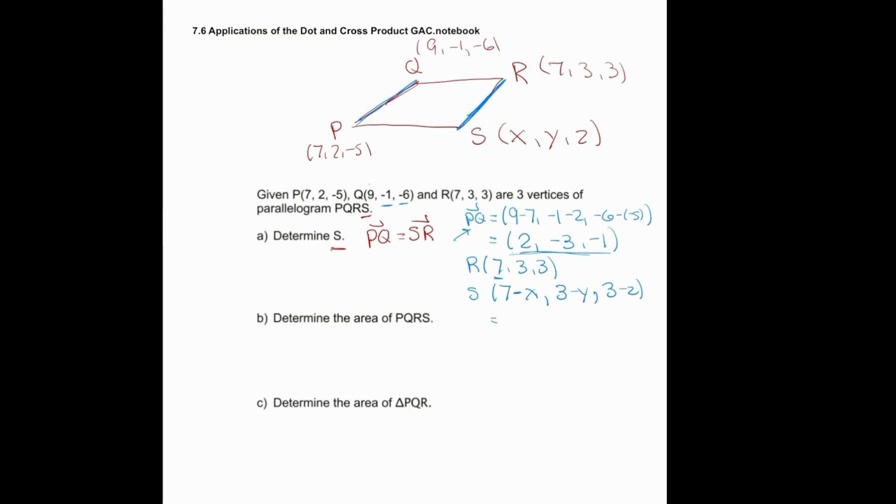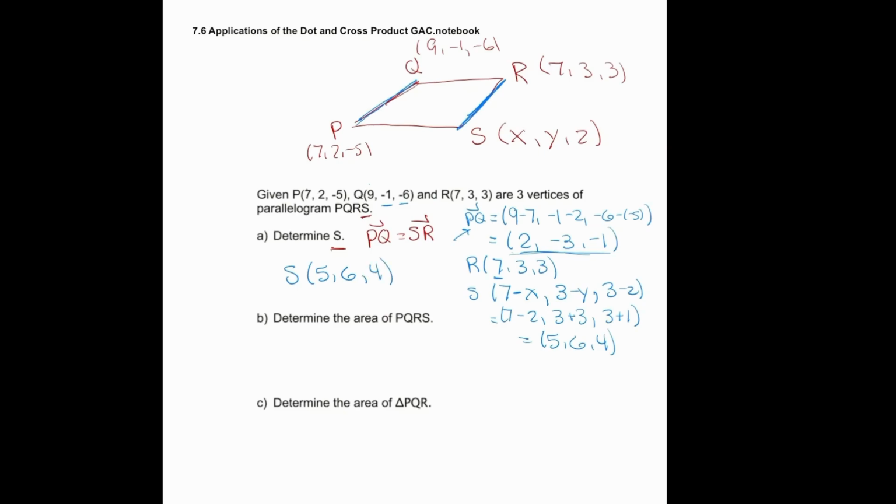So therefore, we can say that it's 7 minus 2, 3 minus -3 becomes +3, and 3 minus -1 becomes 3 plus 1. So that gives me a point of 5, 6, 4. And I'm going to rewrite that over here just so we have a little bit more room for the rest of it: 5, 6, 4.